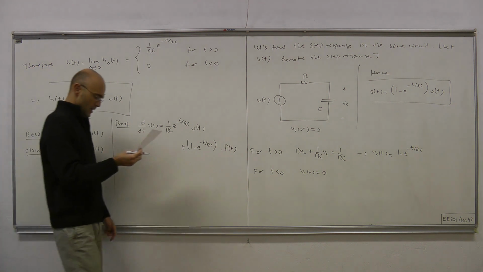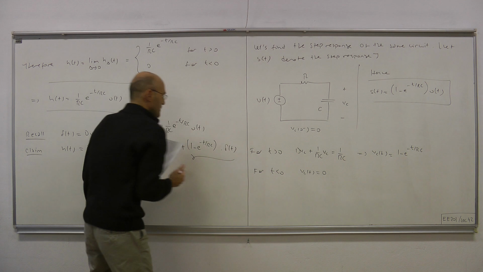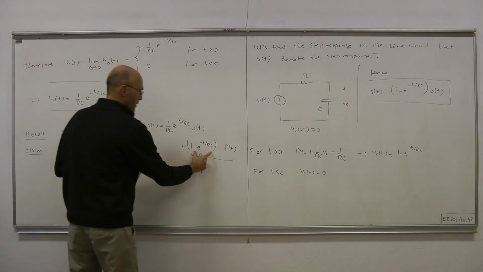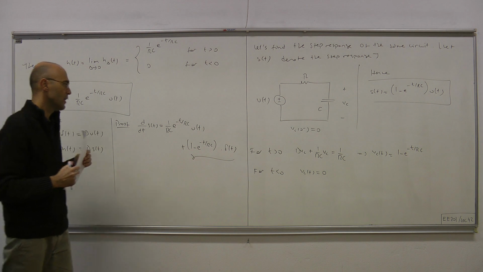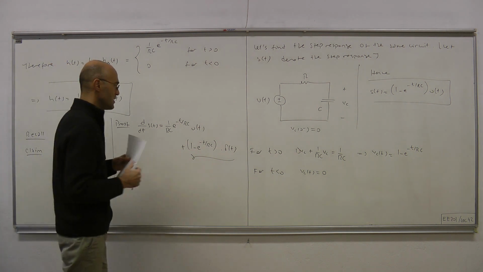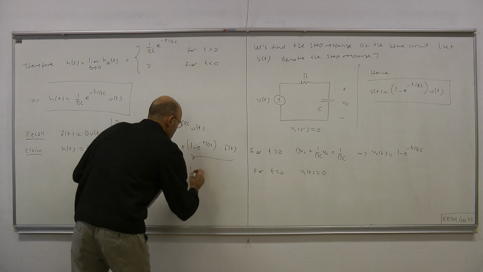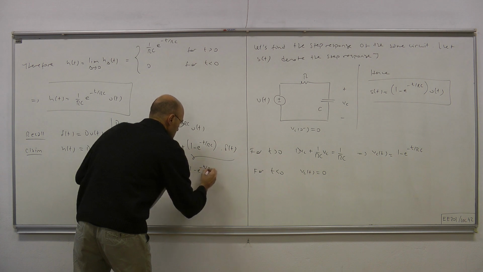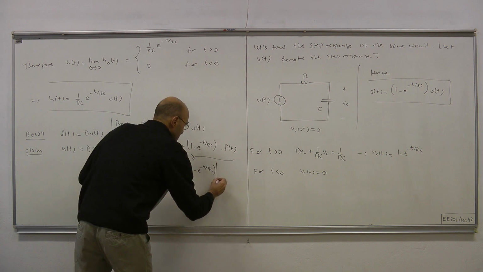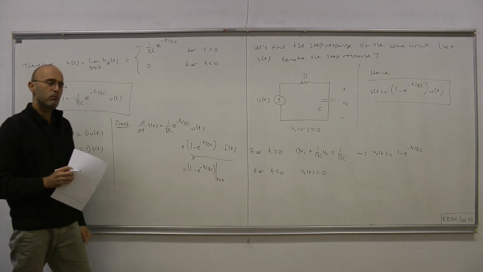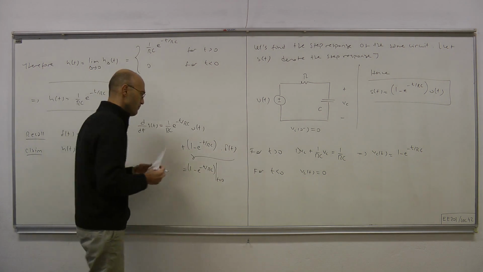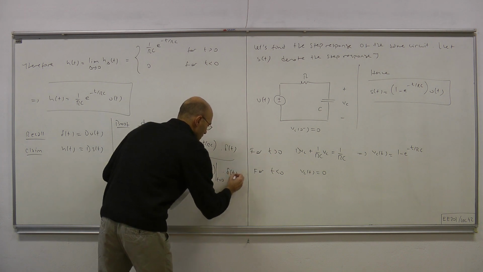Okay. Now, what this guy is, note that it's a continuous function and it's being multiplied by impulse. Therefore, by shifting property, this equals 1 minus e to the minus t over RC evaluated at the point which makes the argument of impulse 0, which in this case is t equals 0, times impulse.